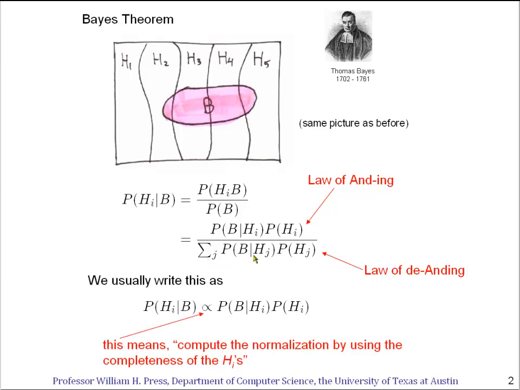Notice the denominator here is simply the sum of exactly the same expression in the numerator, but over all possible values of the subscript here called j. Therefore, we often write Bayes' theorem with a proportion sign. We just write the probability of Hi given B is proportional to its numerator, because all the different Hi's, i equals 1, 2, 3, 4, 5, will have the same denominator.